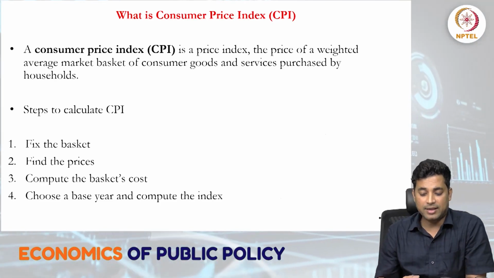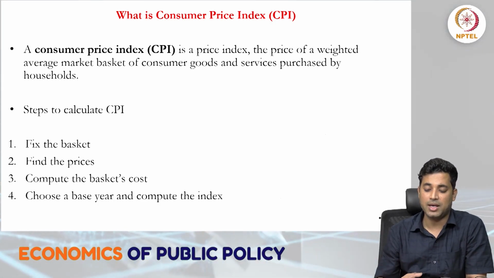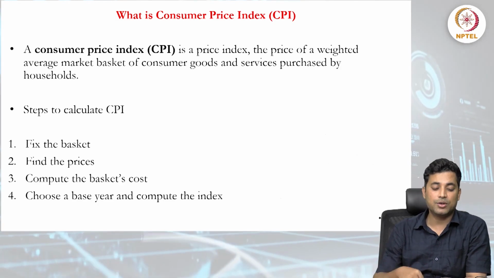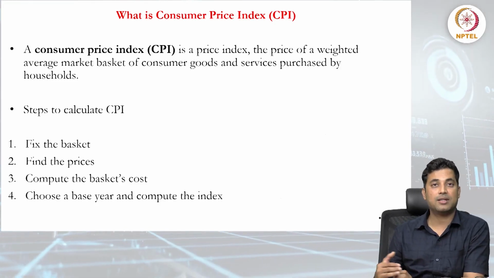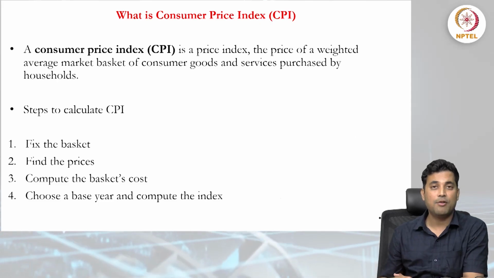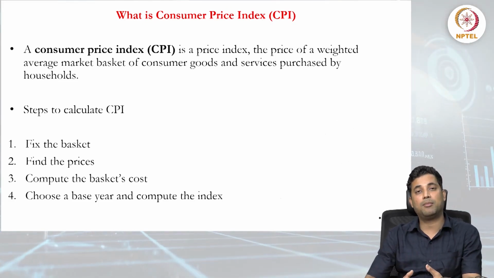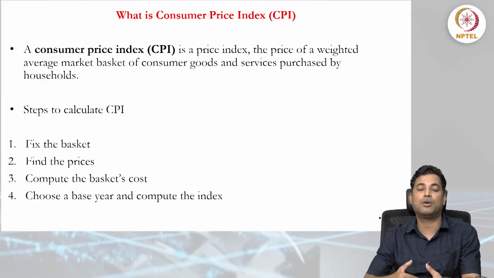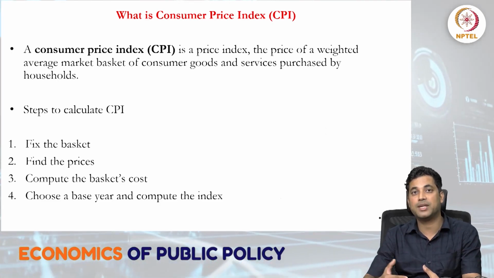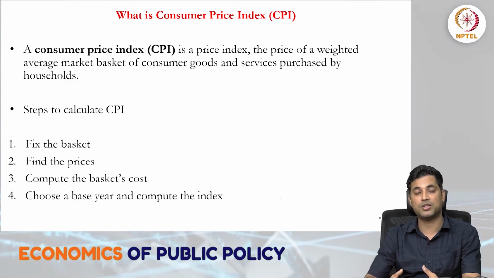The consumer price index is the price of a weighted average market basket of consumer goods and services purchased by households. The steps are very simple. First, fix the basket of goods and services and find the prices. Take the example of any household and its monthly consumption, like food items and non-food items, and then try to find the prices of, say, rice, wheat, vegetables, fruits, meat, fish, or eggs.